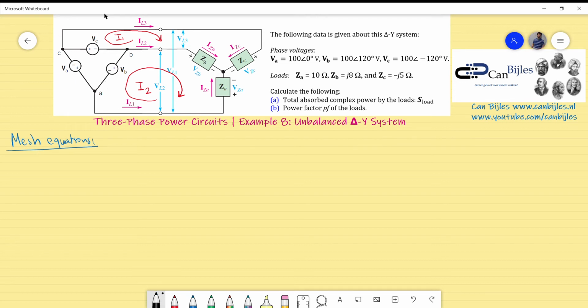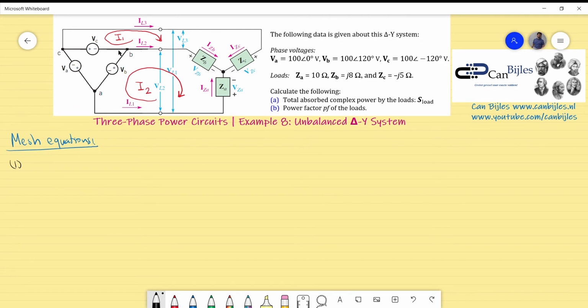For the top one, I can start at any point, make a circle, and end up at the same point. It doesn't matter where you start, as long as you come back to the same point. So I will start, for example, at point B and make the loop, and for the other one I will start at point A and make the loop and come back again, and I will develop the two mesh equations.